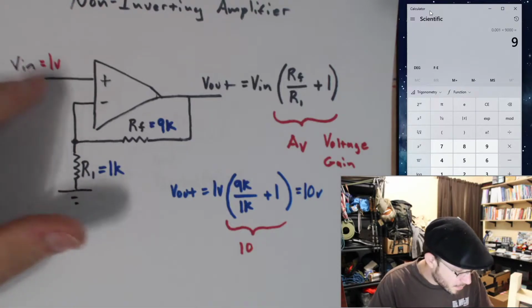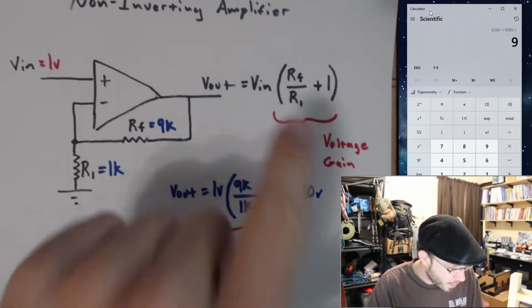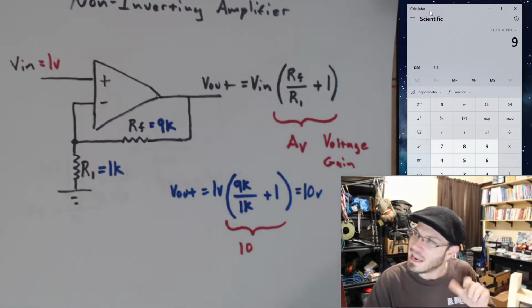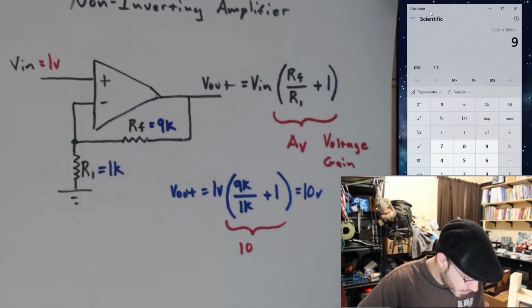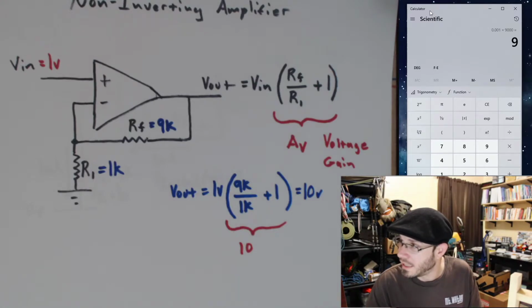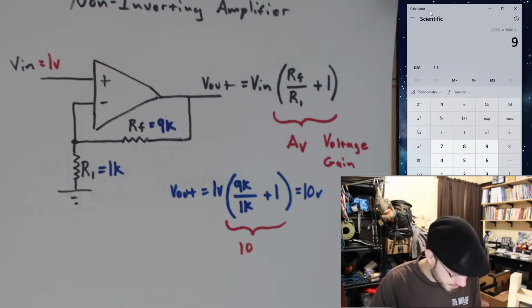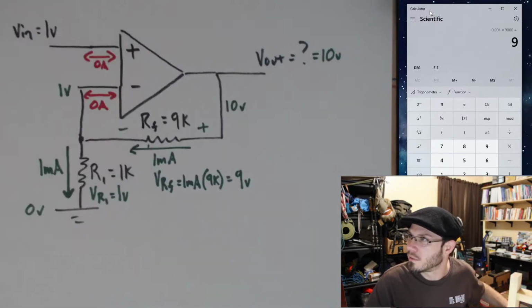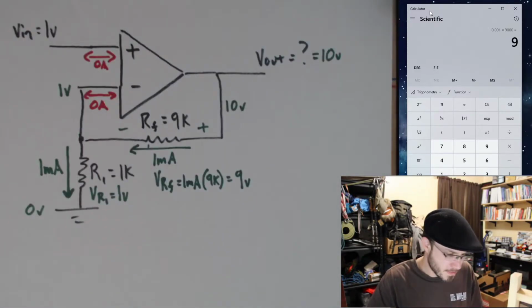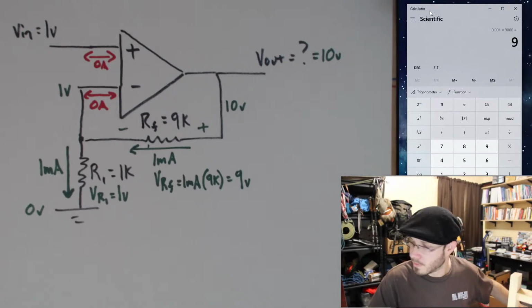If I need to make a small signal larger and I want to make sure that that signal does not get inverted, then this is your go-to first choice for constructing an amplifier out of an op-amp. Okay, cool. Any questions about this? All right, let's go on to the next op-amp circuit.